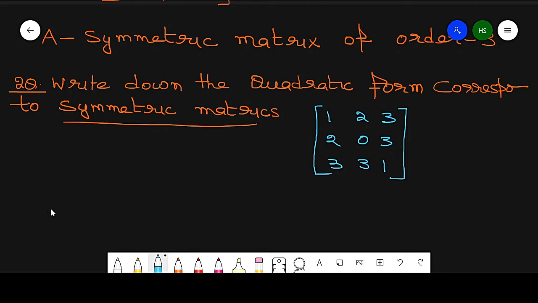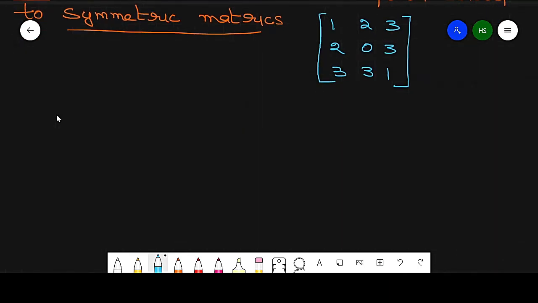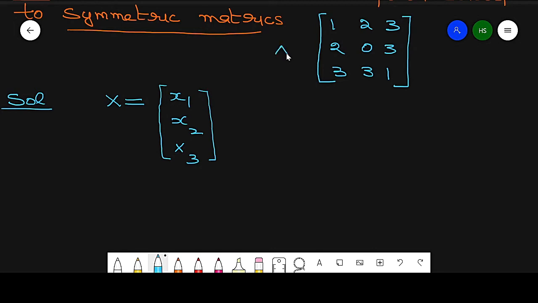Now how will we find the quadratic form? So what is the solution? This is a matrix of 3 variables. So you can write X as a matrix of 3 variables, which is x1, x2 and x3, and this matrix is written as A, which is of this kind.